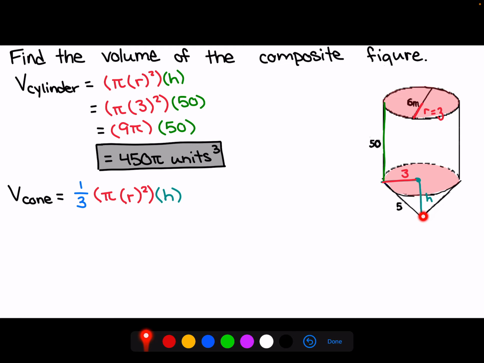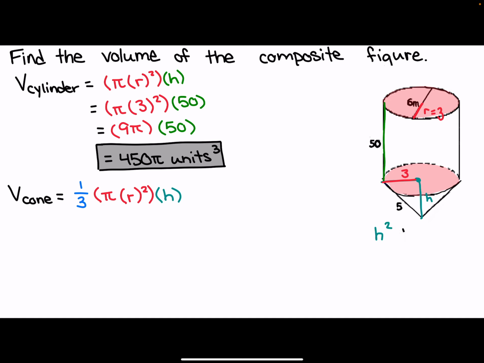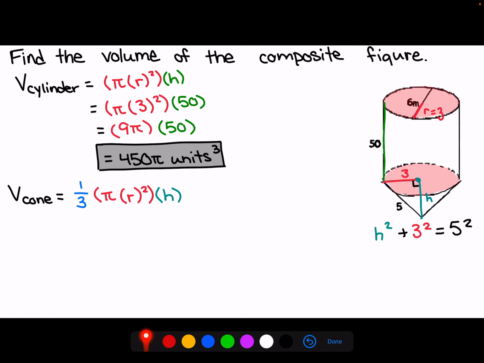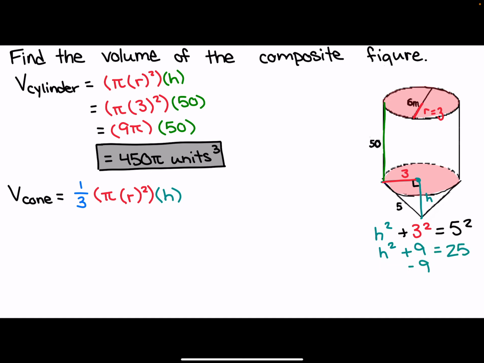And since it goes from the center of our circle straight to the point, it will also match up with the radius. So this creates a nice right triangle for us. In fact, this is a 3, 4, 5 triangle. So we can solve for h by using Pythagorean's theorem or just using your Pythagorean triples. Of course, h will be equal to 4 because it's a 3, 4, 5 triangle.